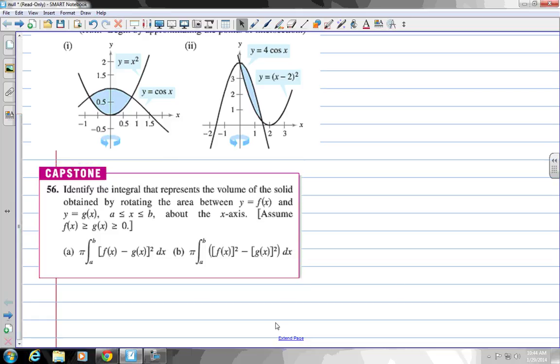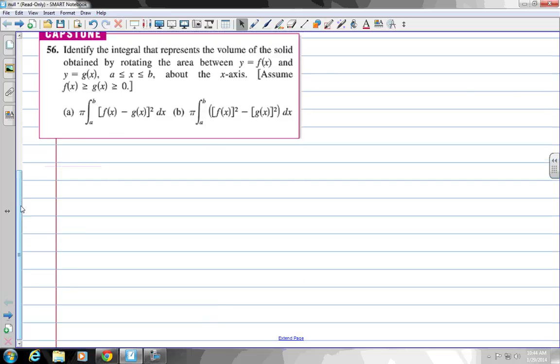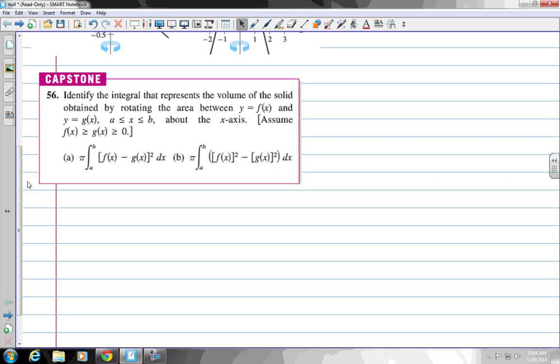So identify the integral that represents the volume of the solid obtained by rotating the area between... Oh, so you just have to pick one. So is it A or B? B. So it's the difference of two volumes, not the difference in the areas. So B. That's it. Oh, so far so good.